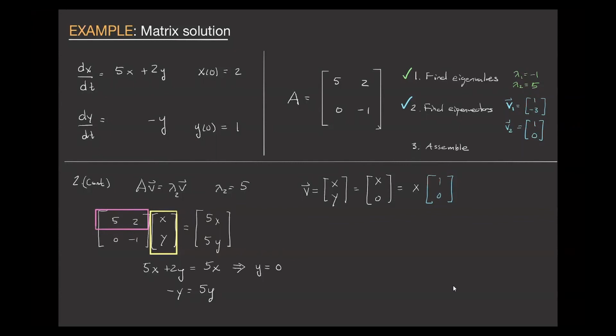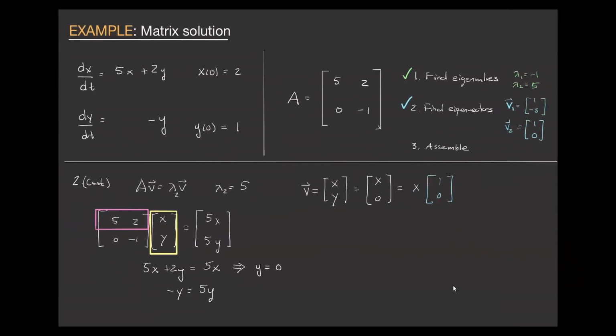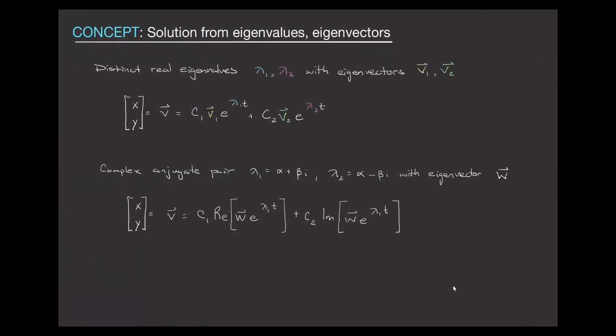Now, the very last thing is to, like I said, do Avengers Assemble here, where we actually put it all together. And what we have in this case is distinct real eigenvalues, that is -1 and 5.